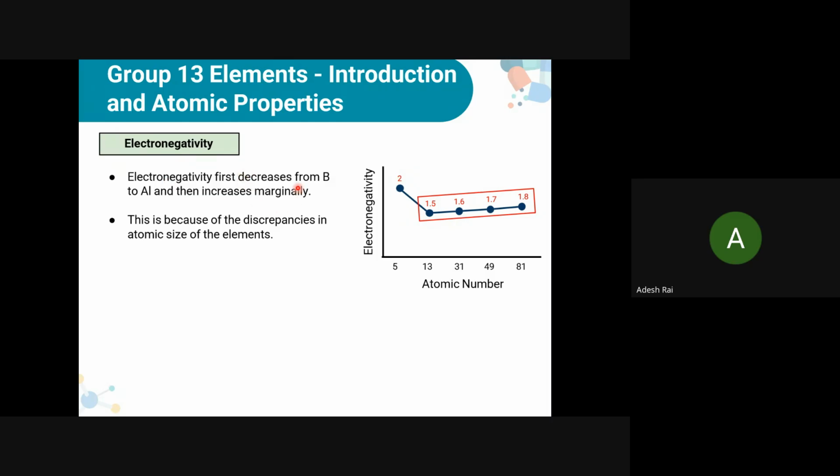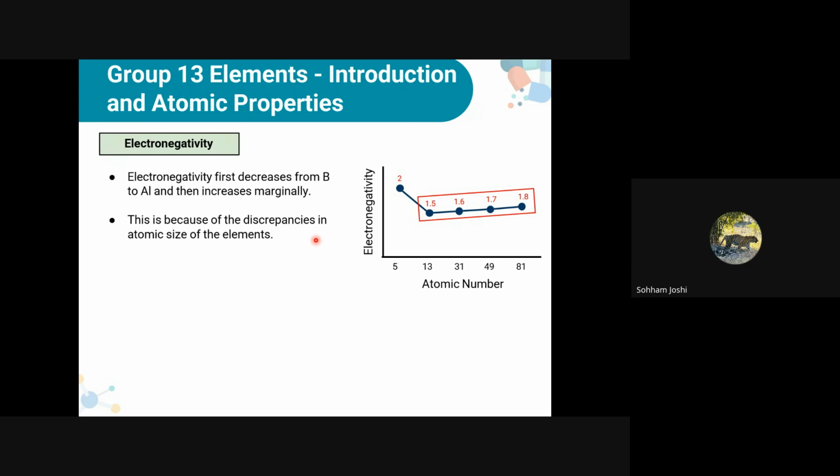Generally, if you move down the group, metallic character will increase, so electronegativity will decrease. But in the boron family, first it decreases, then it slightly increases. Sir, how can we correlate the trend of electronegativity with more metallic character? Isn't it inversely proportional? Electronegativity and metallic character are inversely proportional only. So how can both of them increase down the group?